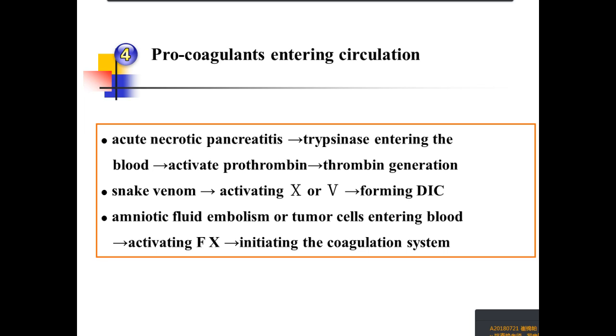Now it is the pathogenesis of DIC. You must remember the pathogenesis includes 4 parts. First, extensive tissue damage: tissue factor enters the blood and stimulates the extrinsic coagulation pathway.